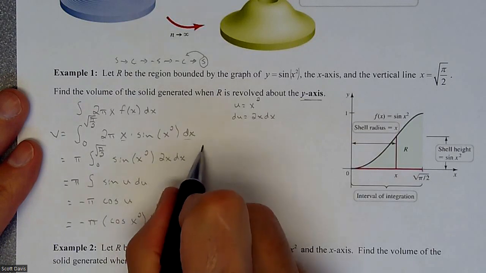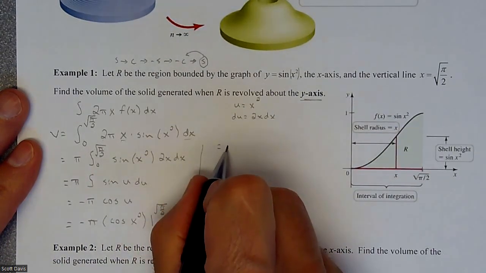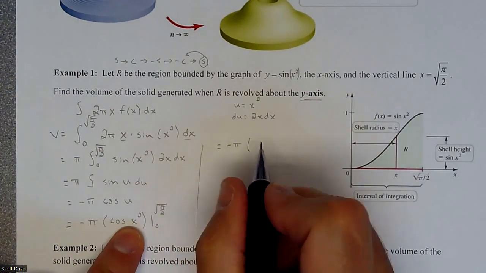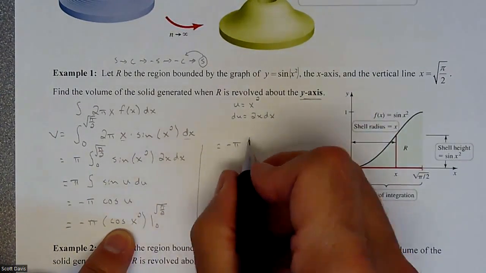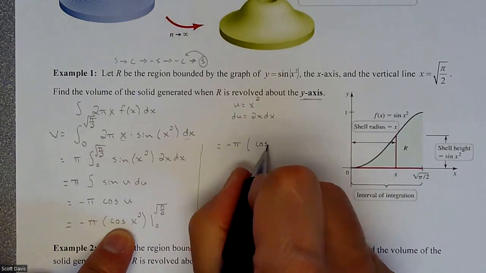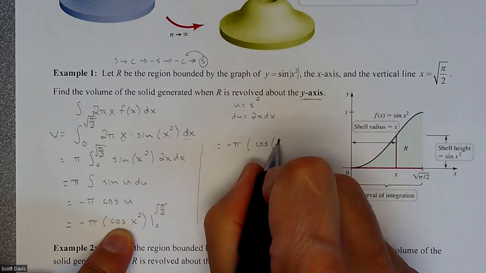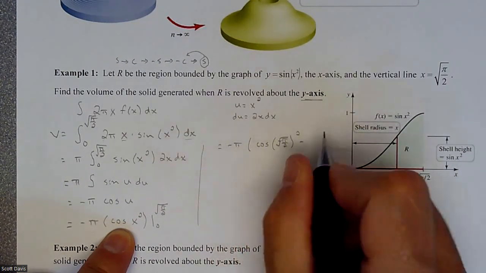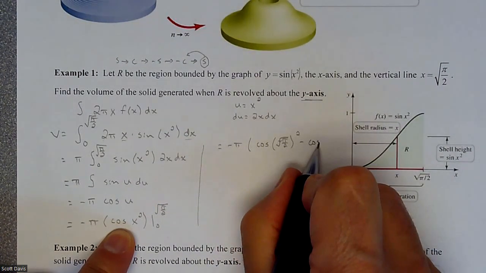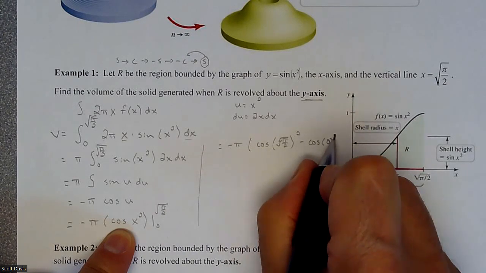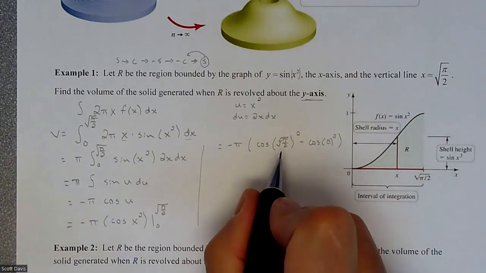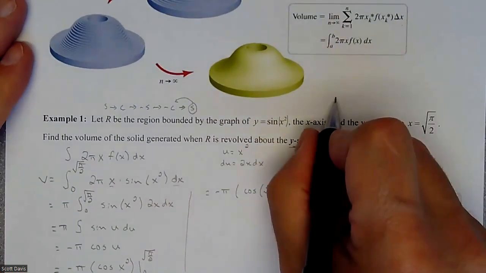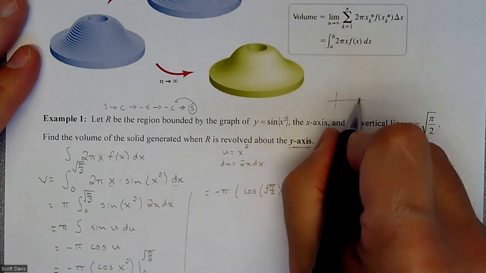All right, so let's do the math. Let's plug in. We have a negative pi that we're going to be multiplying in here eventually. And we're going to do cosine of this value squared. So cosine of square root of pi over 2 squared minus cosine of 0 squared. All right, so that's going to become cosine of pi over 2. So let me refresh my graph here.